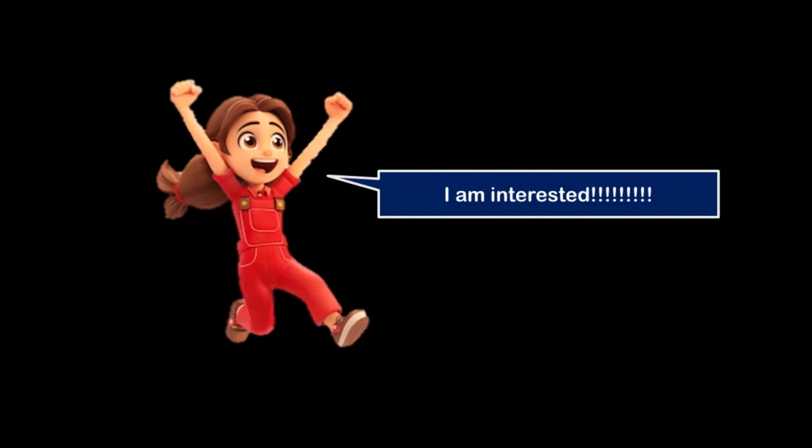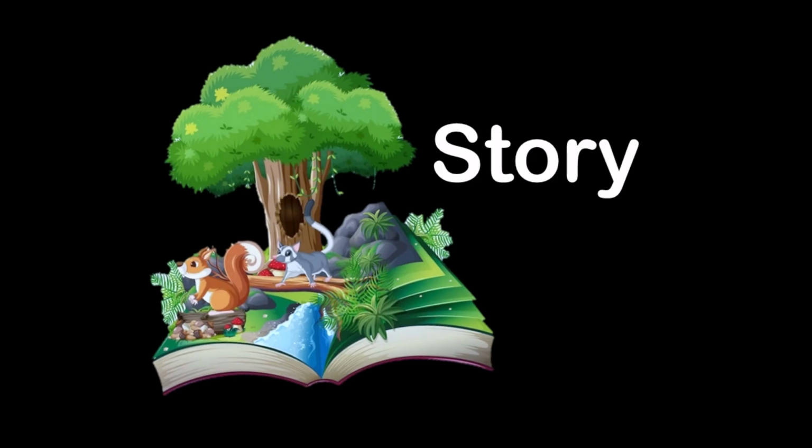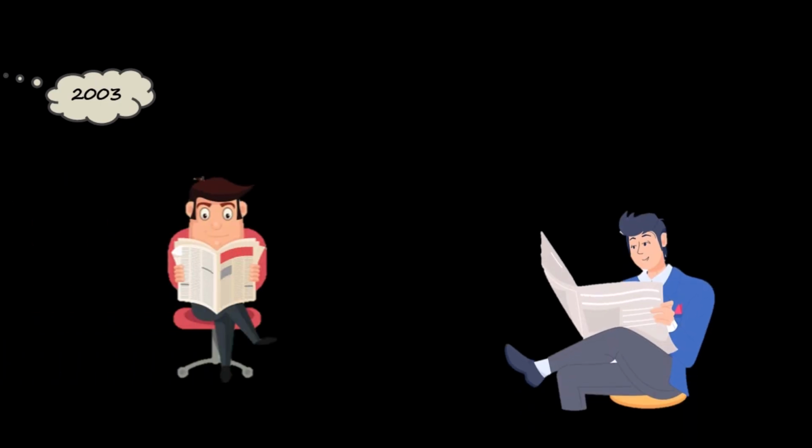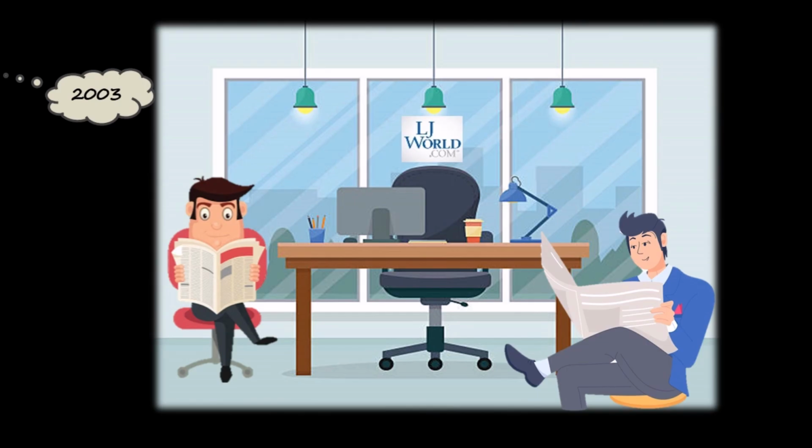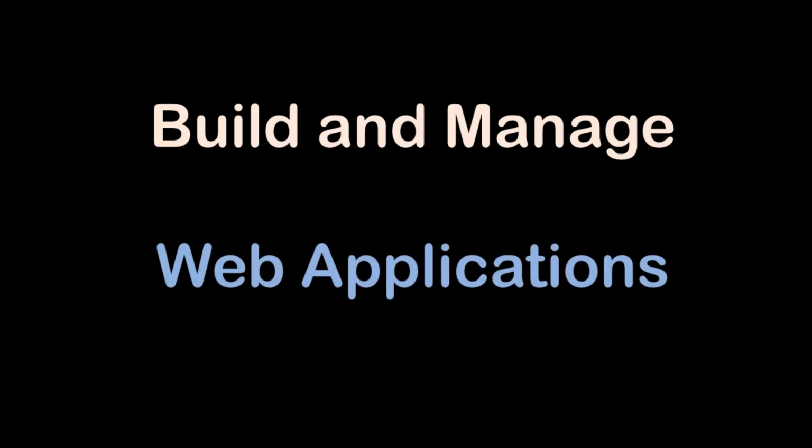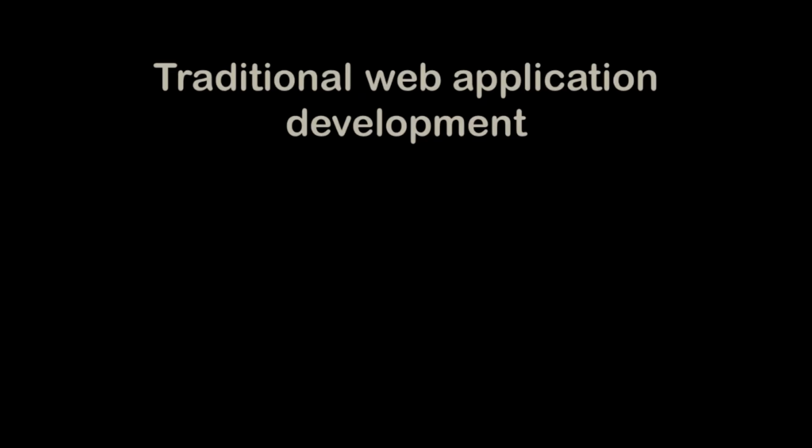In order to create interest in what we are learning today, let me tell you a story about Django. Once upon a time in 2003, a team of web developers at the Lawrence Journal World, a newspaper company, faced a big problem. They needed to build and manage web applications quickly to keep up with the fast-paced world of news publishing.